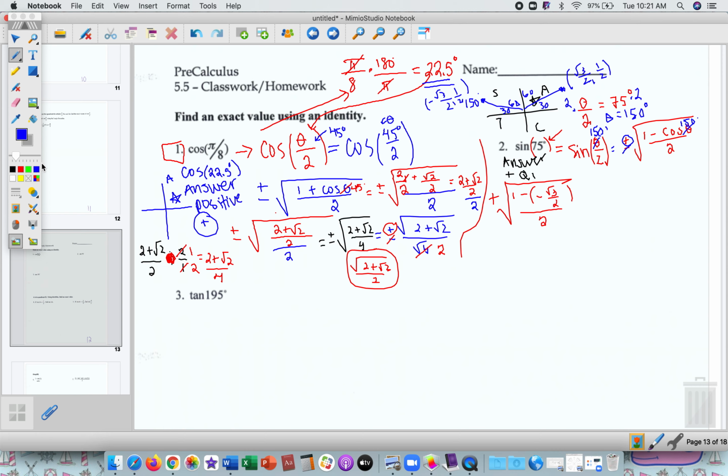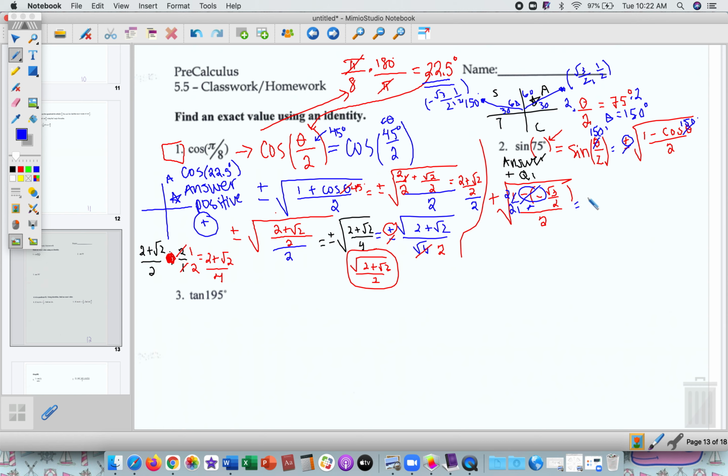We know that the double negative right in here is going to turn positive, so we'll cross that off. So it's 1 plus root 3 over 2. We can make this 1 over 1. We'll replace that with 2 over 2, which is still 1. So 2 plus root 3 all over 4.